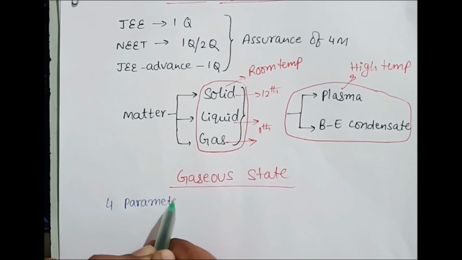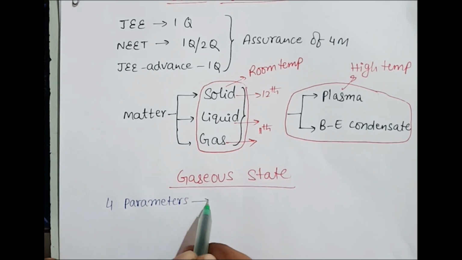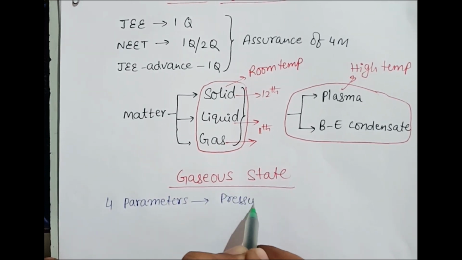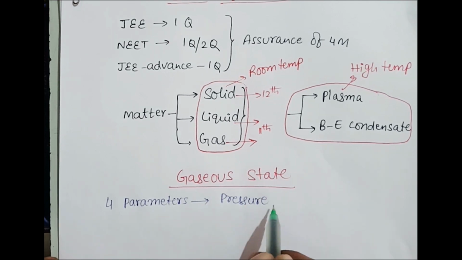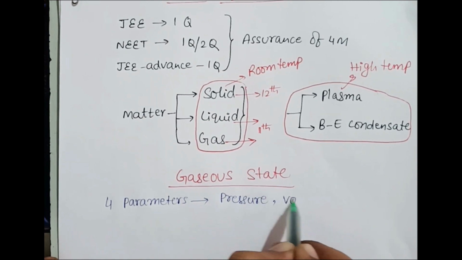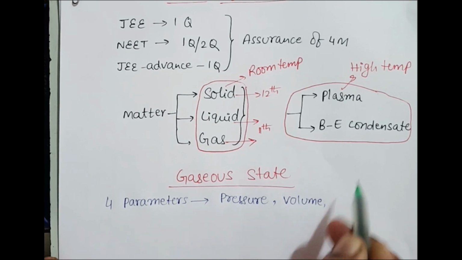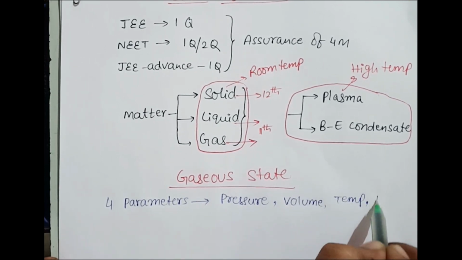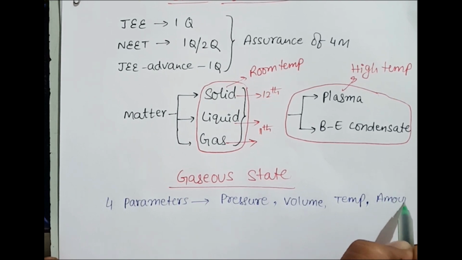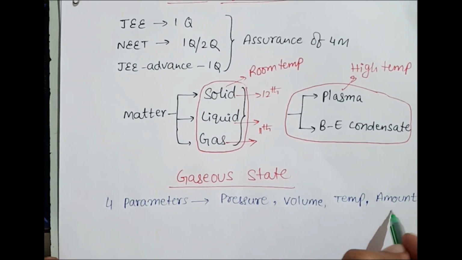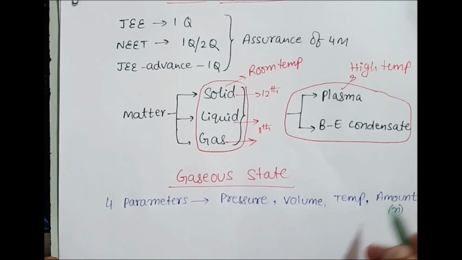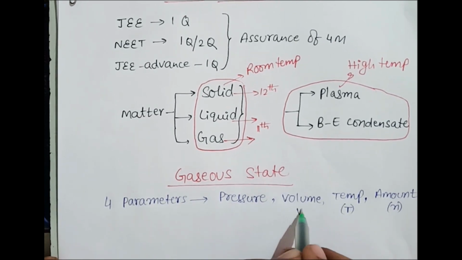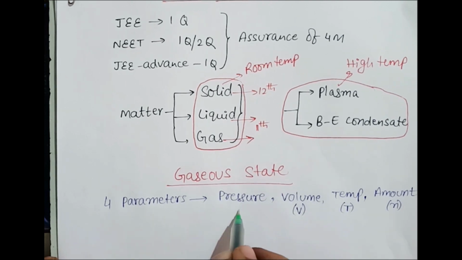For gases, we mainly talk about pressure, then volume, then temperature, then amount of substance. Amount of substance means number of moles. Temperature is absolute temperature, symbol capital T, volume is capital V, and pressure is P.